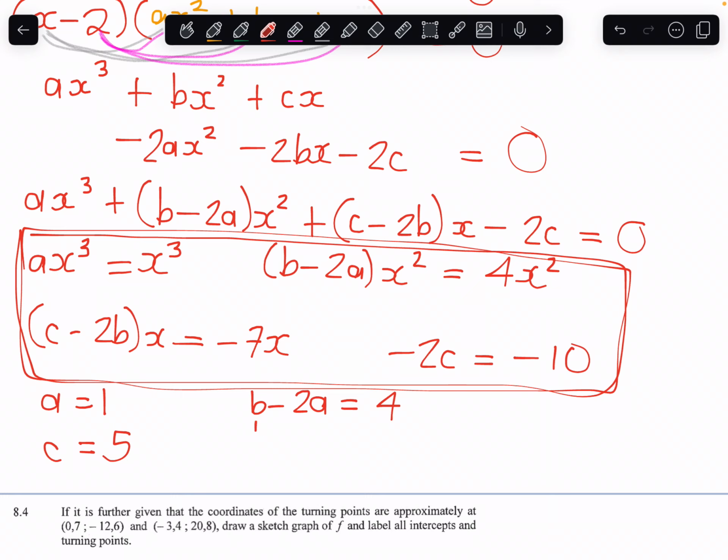We know that a is 1, right? So b is going to be equal to 4 plus 2, which is 6. And we can just double check by putting it in here. So c is 5 and b is 6, we think. And that is going to be equal to 5 minus 12, which is negative 7, which is indeed what we have over there. So we have a bit of confidence in our answer.